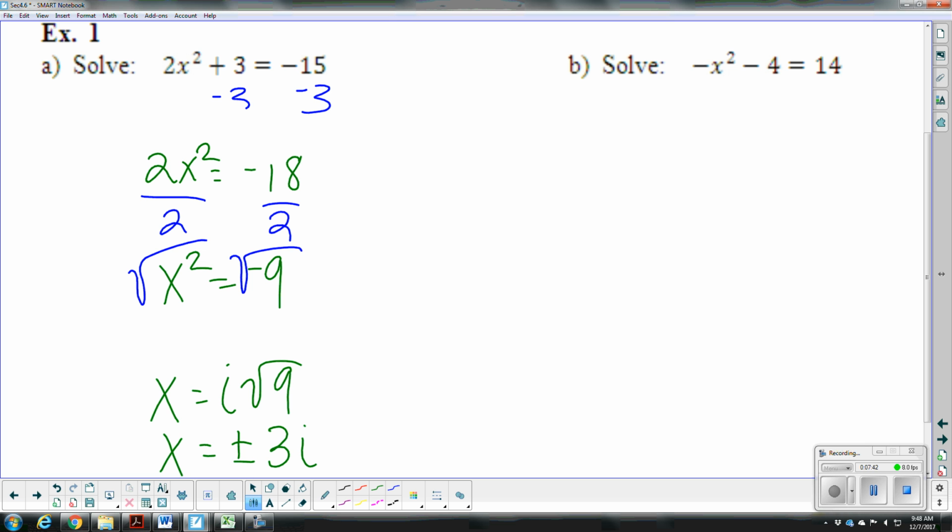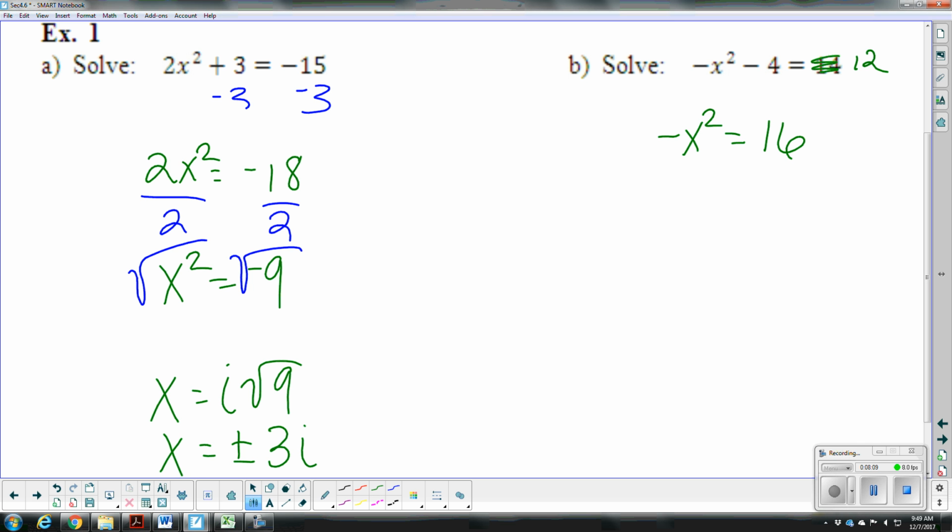Alright, let's look at this next example then. Solve for negative x squared minus 4 equals 12. On your note sheet this actually should say 12; I think I corrected it, but I didn't update the smartboard. So we're going to add 4 to both sides, and we get negative x squared equals 16.